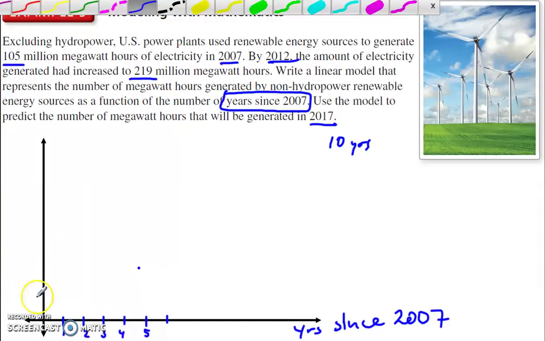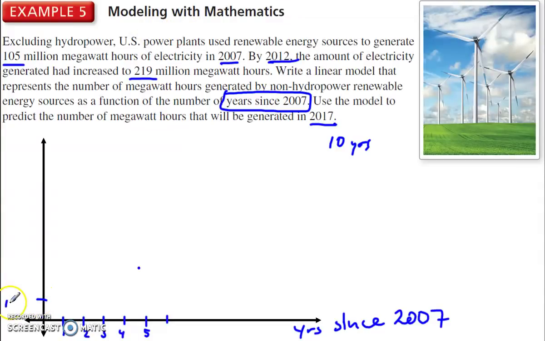All right, and then here, let's say we've got 100, 200, 300, 400, and this is the energy in million megawatt hours.